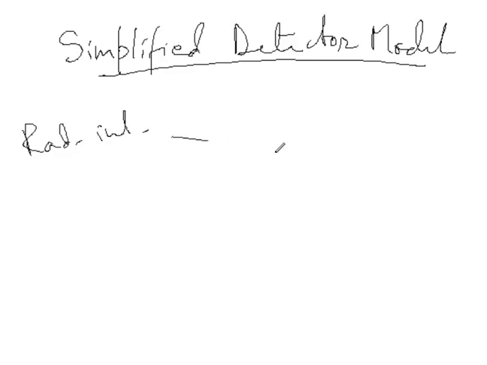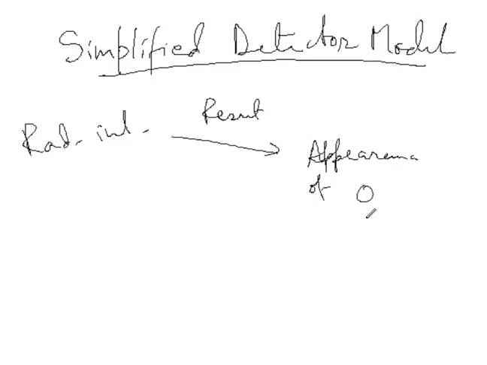What is the net result? The net result is the appearance of some amount of electric charge inside the detector active volume.